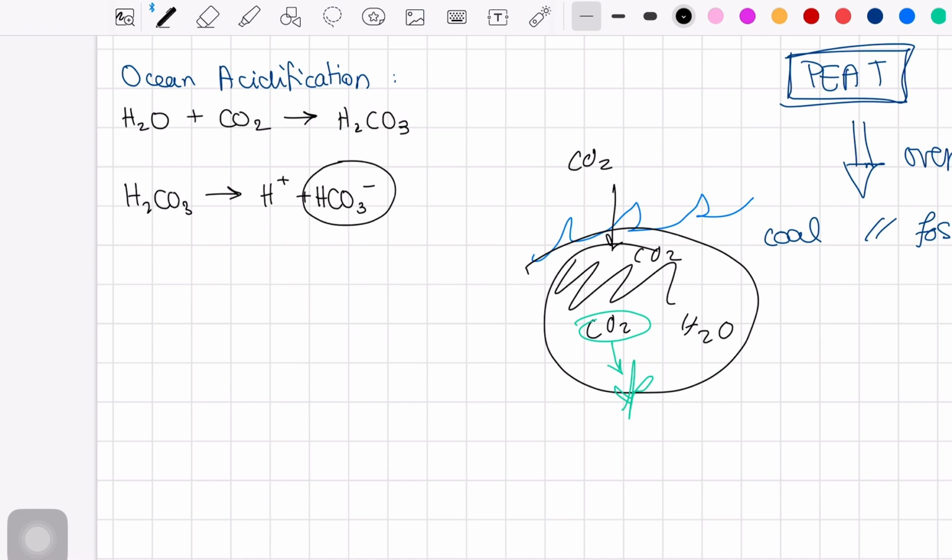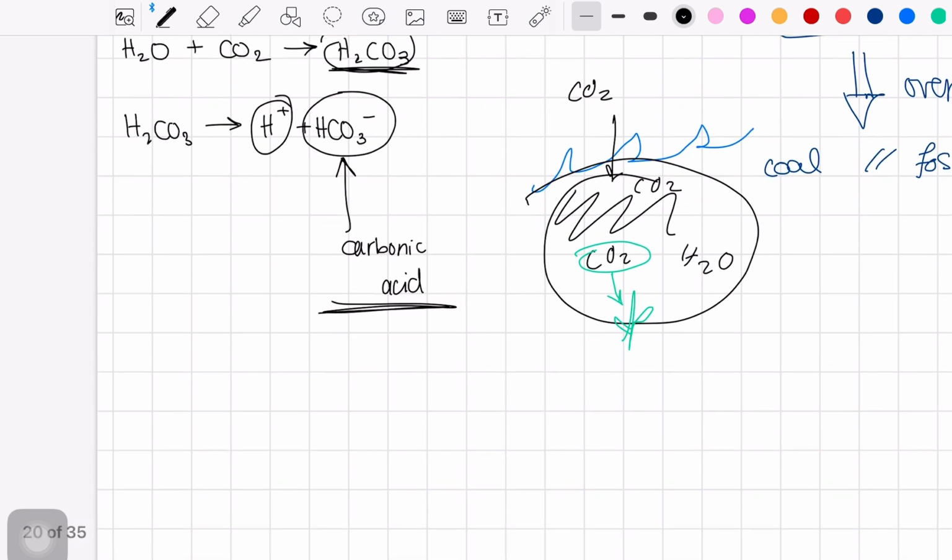So this is carbonic acid, and this is hydrogen carbonate. Yes, this is correct. So this carbonic acid happened because the hydrogen ion left this hydrogen carbonate. The carbonic acid, let's label that carbonic acid, is very, very bad for the sea.